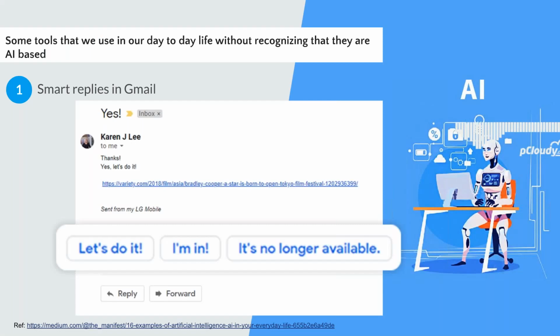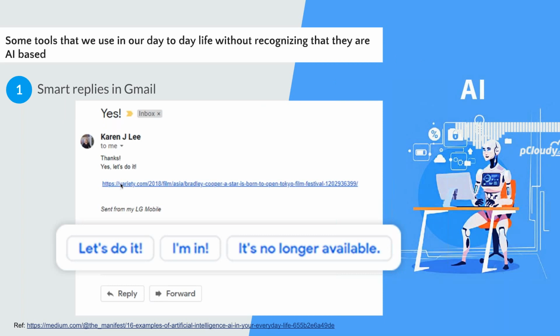So recently we see there is a feature of smart replies in Gmail. See this image where I have got an email from Karen where the subject line is pretty weird. It just says yes, and then the body contains no salutation but just thanks. Yes, let's do it.